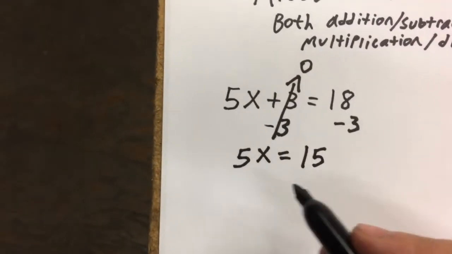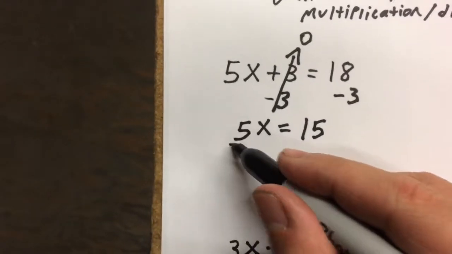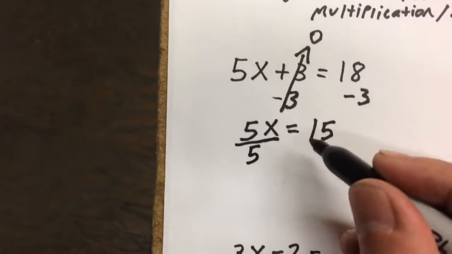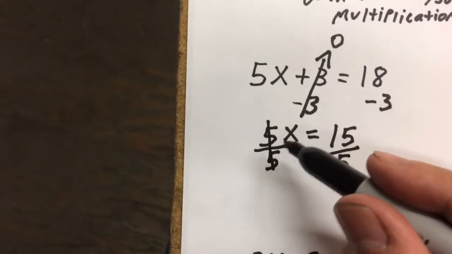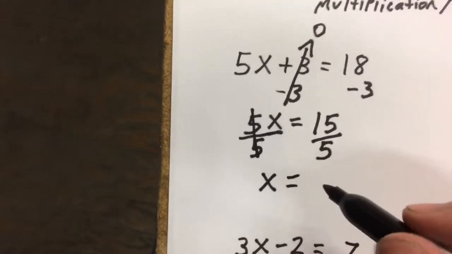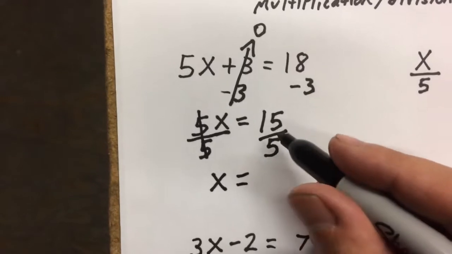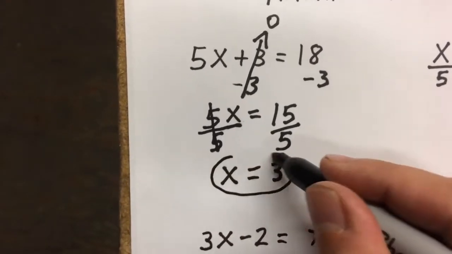Now we're at one of our one-step problems, so we divide both sides of this equation by 5. These cancel out and we're left with x is equal to 15 divided by 5, which is equal to 3.